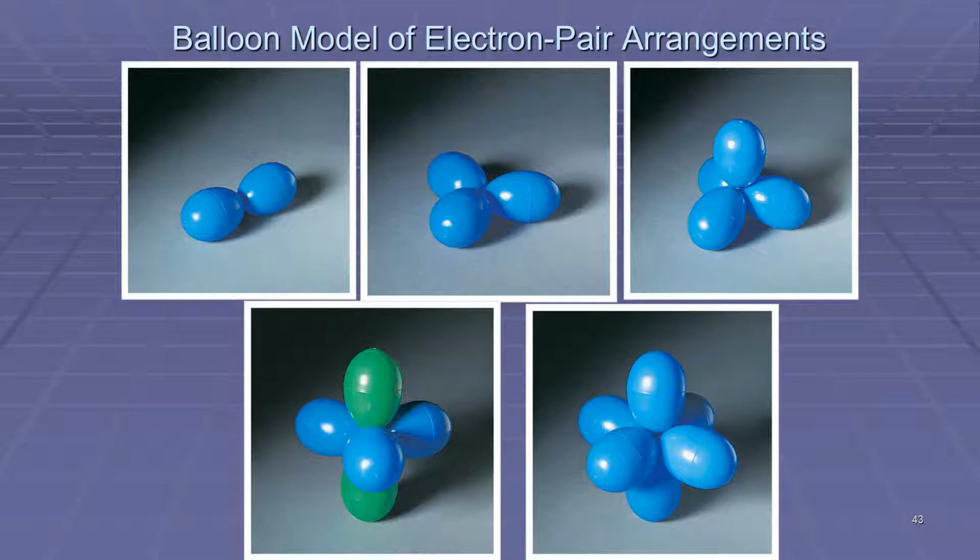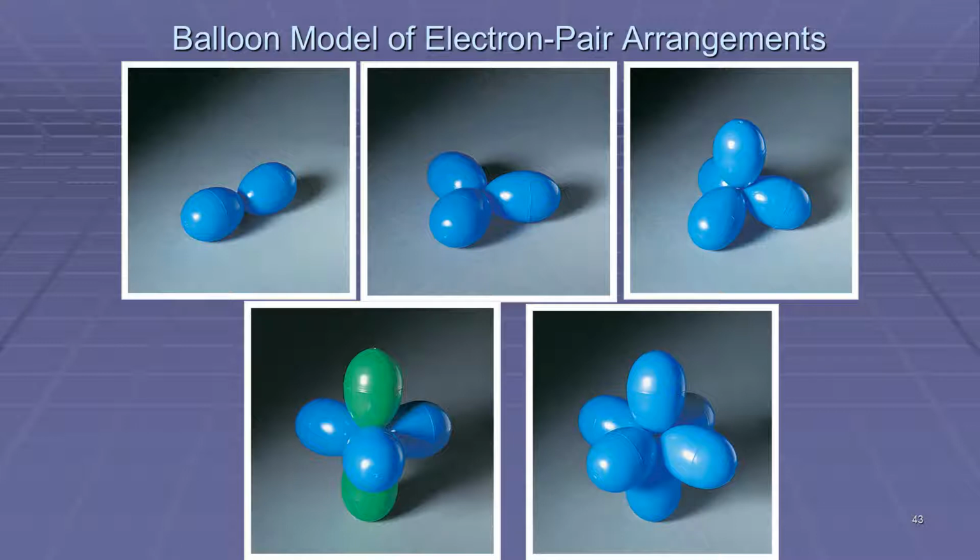So here you can see the different shapes. Of course I don't think these are really balloons. I think these are Easter eggs. But two balloons spread out the way you see in the top left. Three balloons make a triangular planar shape. Four balloons, you can see we start to see some three-dimensional. It's not going to be like a cross.